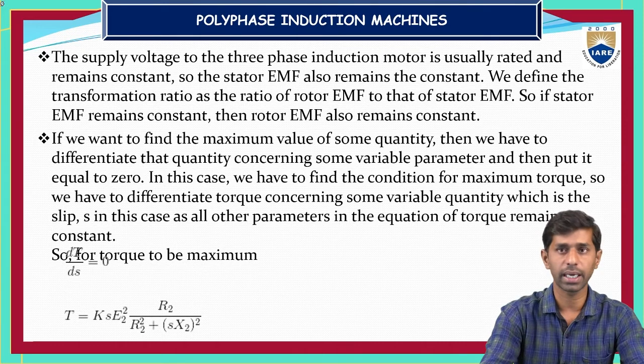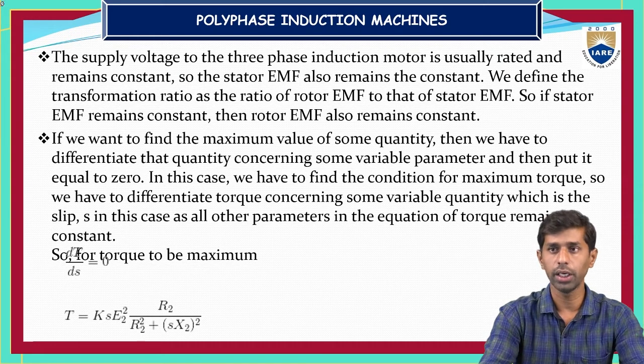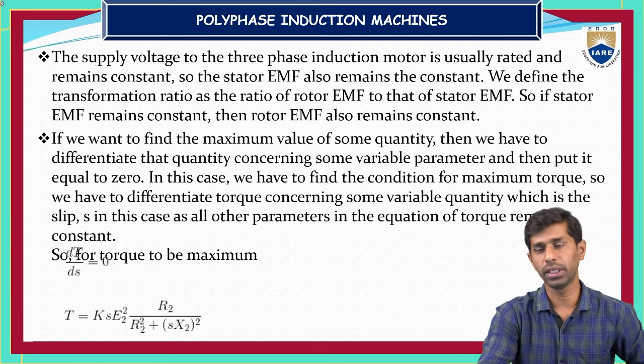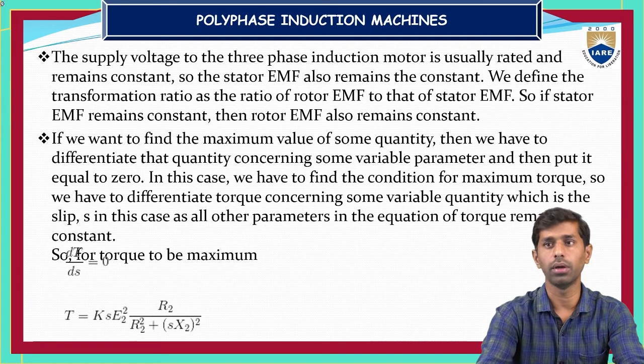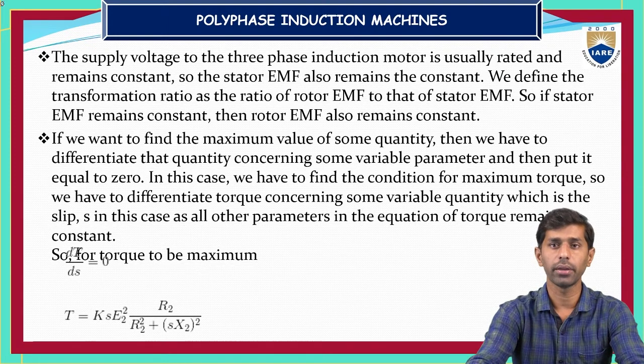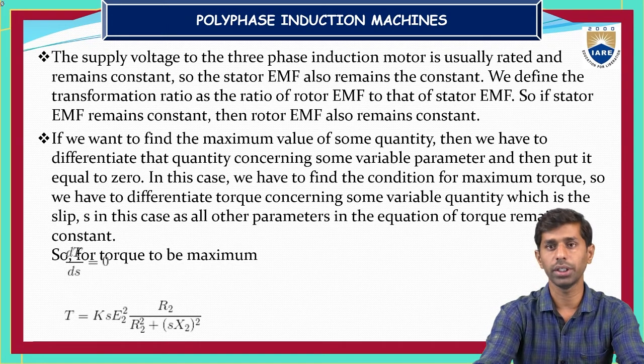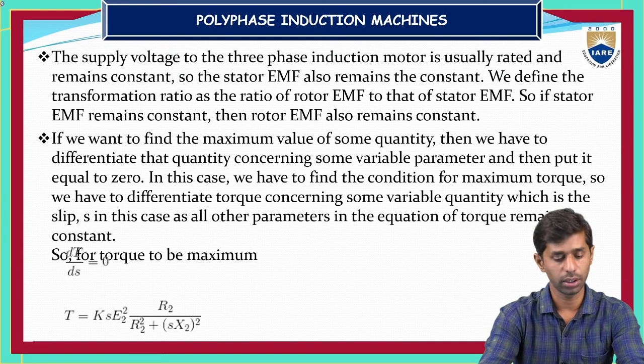If you want to find the maximum value of any quantity, then we have to differentiate that quantity with respect to some variable parameter and then equate it to 0. In this case, we need to derive the condition for maximum torque, so we differentiate the torque expression with respect to the variable quantity, which in the expression is the slip.